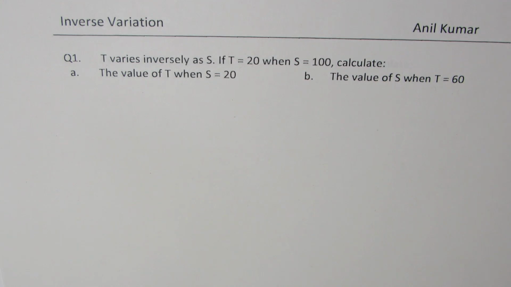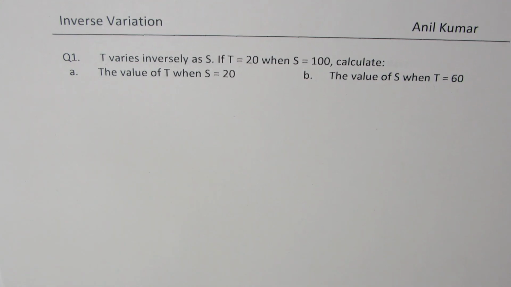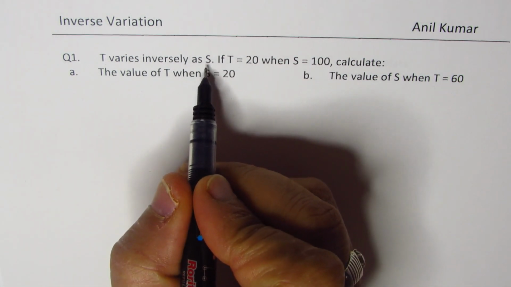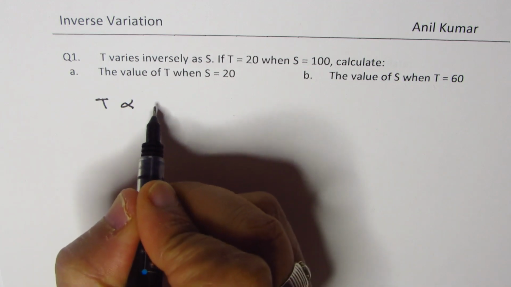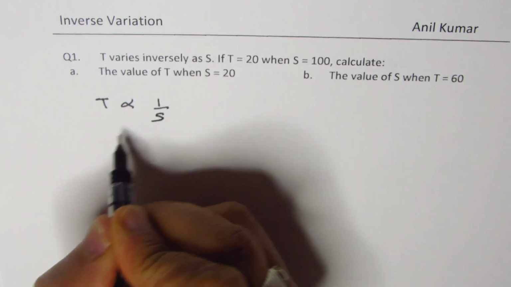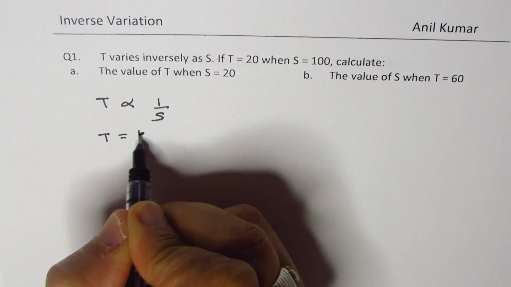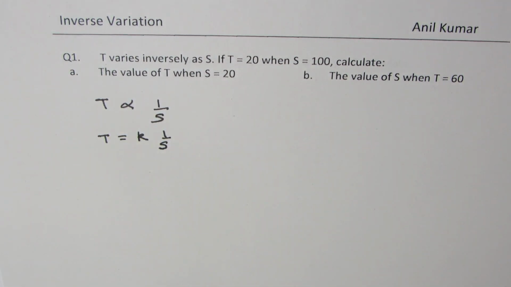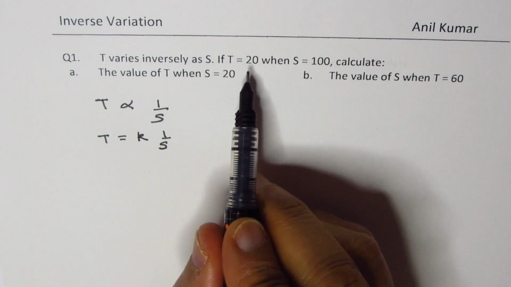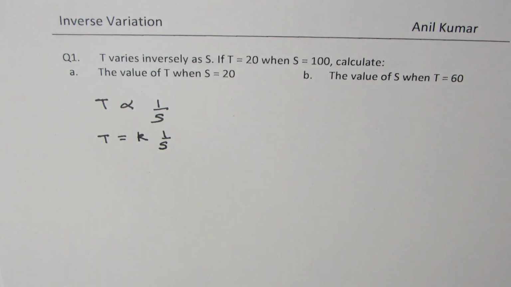So let's take up the very first question now. It says t varies inversely as s. So t varies inversely as s means t is proportional to 1 over s, right? That means t is equal to some constant k times 1 over s. Now the second statement is t is equal to 20 when s is equal to 100.